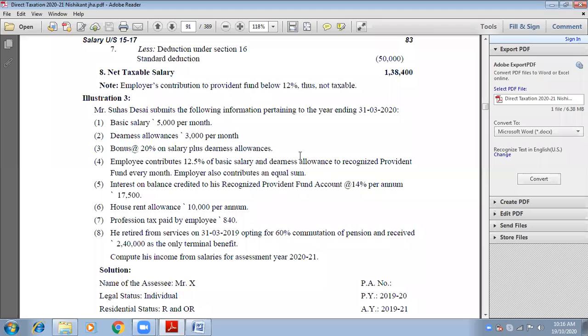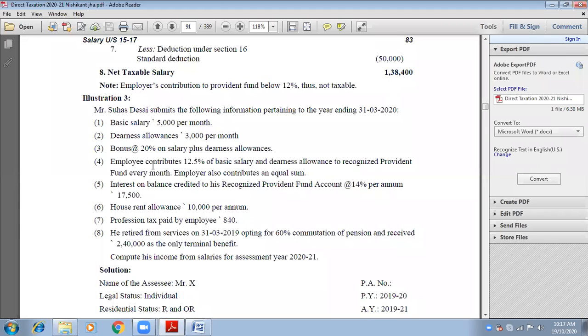Yes, ma'am. Okay. Next. Employees' contribution. See, it's not employer, it's employees. Look at this point very carefully. Employee contribution 12.5% of basic salary and DA to the recognized provident fund every month. But remember, I have always told you, employee's own contribution for himself is never an income.